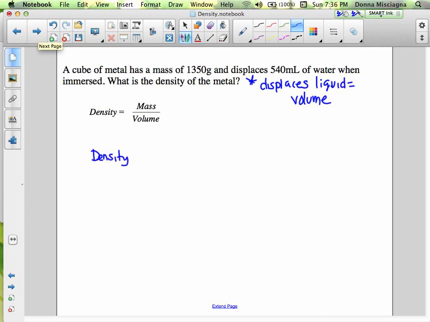Density is usually given as a decimal number. We won't keep it as a fraction. We'll approximate with a decimal, and we'll take it out to 4 or 5 decimal places. So the density of the cube equals the mass, and the mass is 1,350 grams, and the volume is 540 milliliters.